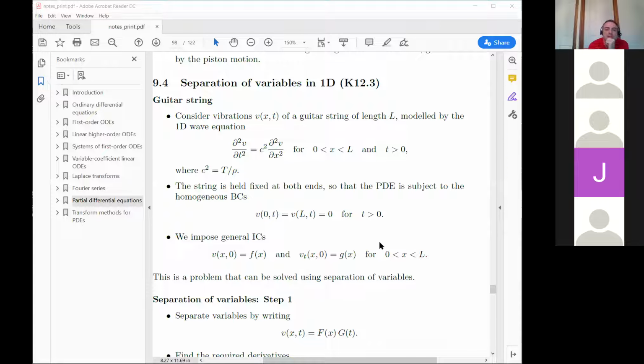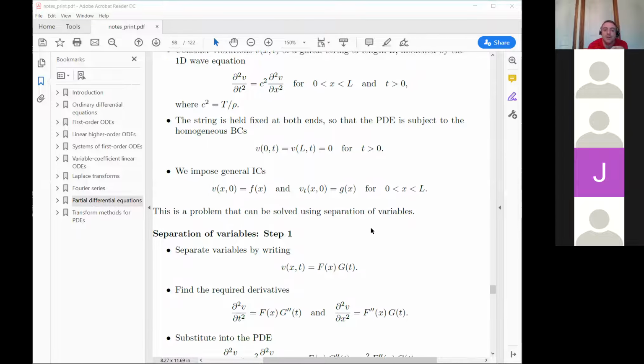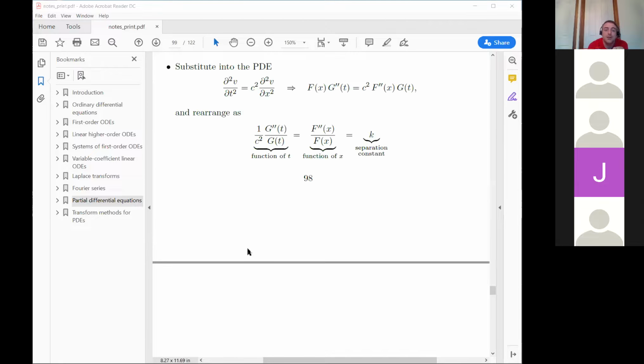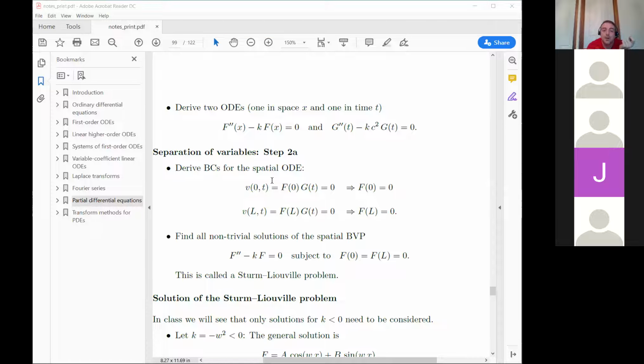And your lecturer has set up a thing with a vibrating string. I'm not going to read it at the moment. I'm just going to scroll through it and say there's step 1. And then step 1 has 1, 2, 3, 4, 5 steps within it. And then step 2, 2A, has some steps.